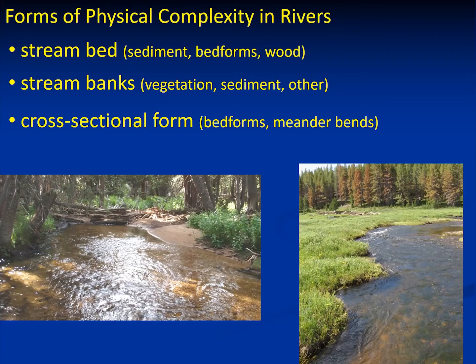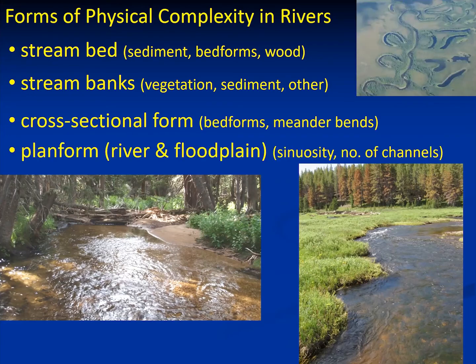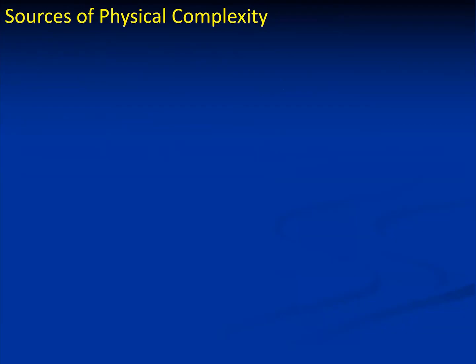If you have bed forms or meander bends, if you have, say, going between pools and riffles or steps and pools, there are differences in the cross-sectional form. And certainly the plan form. Characteristics that can be described as sinuosity or the number of channels if you have a braided channel or an anastomosing channel. All of these are, again, things that cause the river to deviate from the simplest configuration, which would be like an irrigation canal.